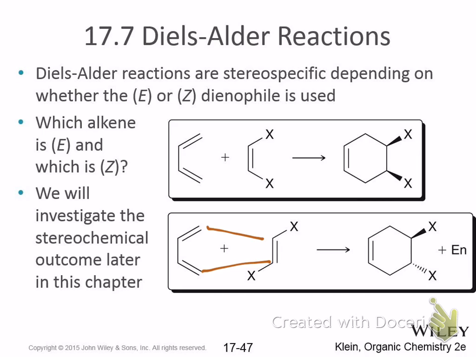I should have done it with my other hand. It's like that, right? And here's the diene, and when they come together like that, with one group up and one down, if it comes together like this, now you can't see it, but it's drawn on the back of this molecule.